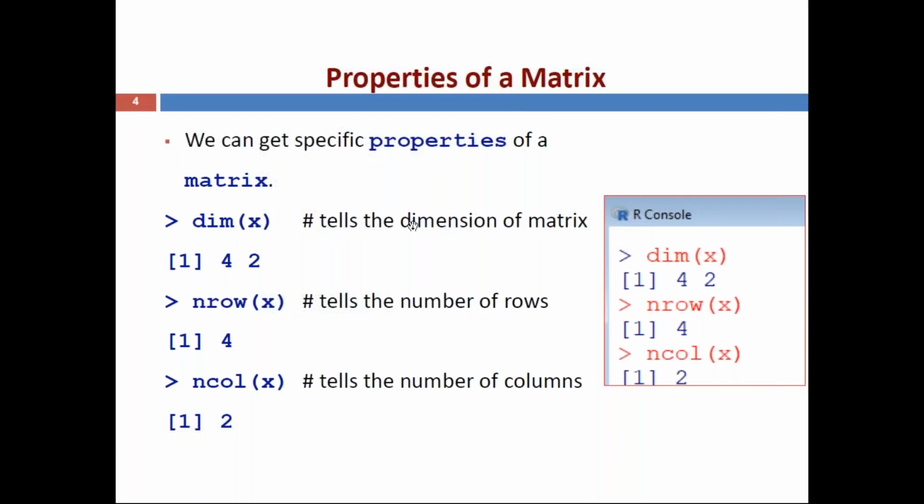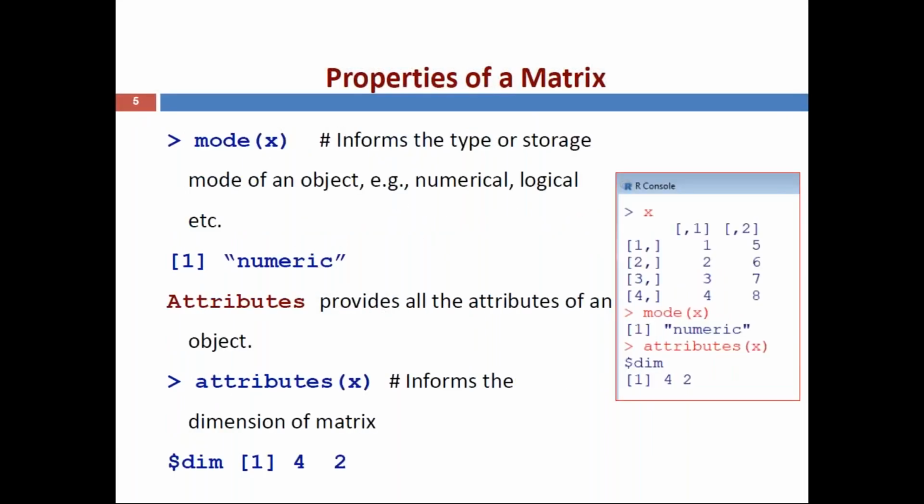These are some of the basic properties of a matrix. Now some more properties. If you want to find the mode of the matrix X, the matrix you created generally consists of numerical values or sometimes character values.